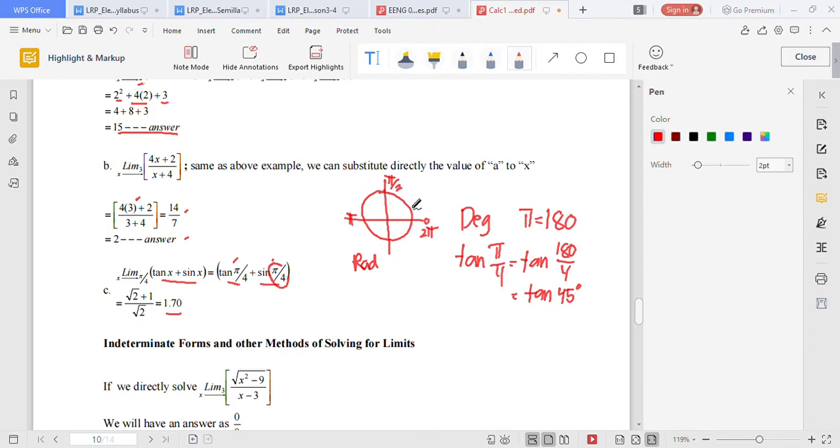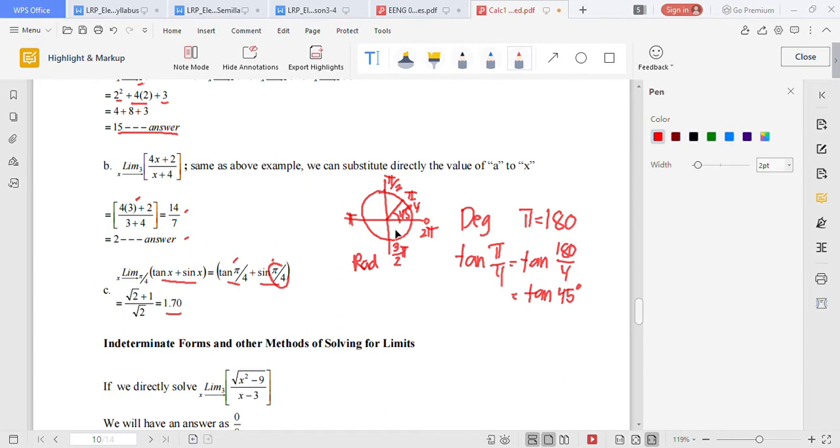Pi over 2. And this is 3 over 2 pi. So, pi over 4 is half of pi over 2. And this is actually 45 degrees. Alright?